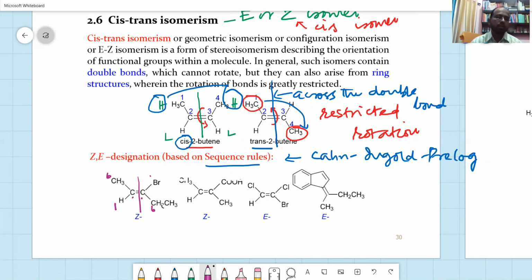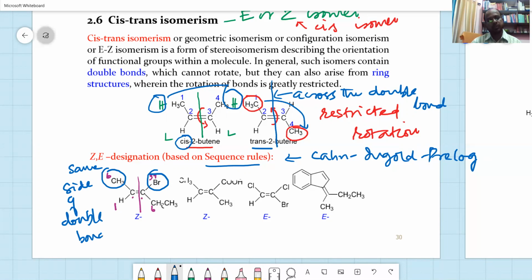Bromine is having about 39. Okay, so this is heavier. Therefore, we will see that 6 and 39 both are on the same side of the double bond. Therefore, that is cis, and therefore it is given as Z there.